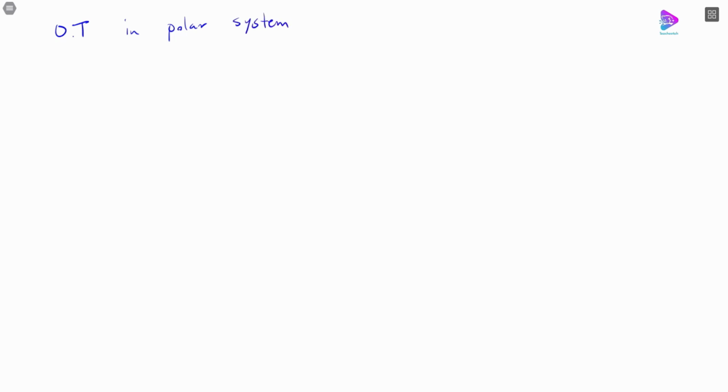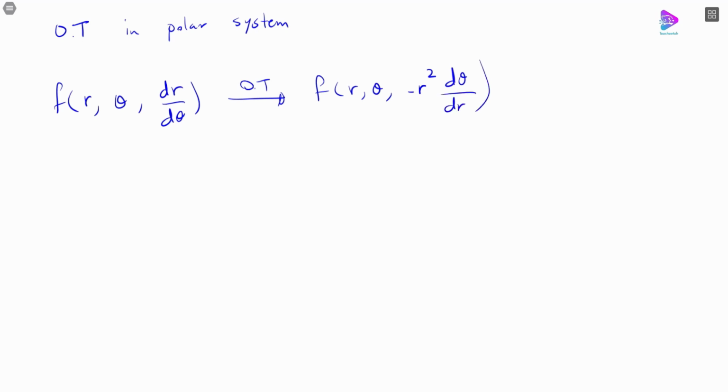So as you know, in polar system we are looking at f of r, theta and dr over d theta, and orthogonal trajectories of such function would be f of r, theta and minus r squared d theta over dr. Previously we would change y prime to minus 1 over y prime. Here we're changing dr over d theta to minus r squared d theta over dr. So let's take a look at an example.